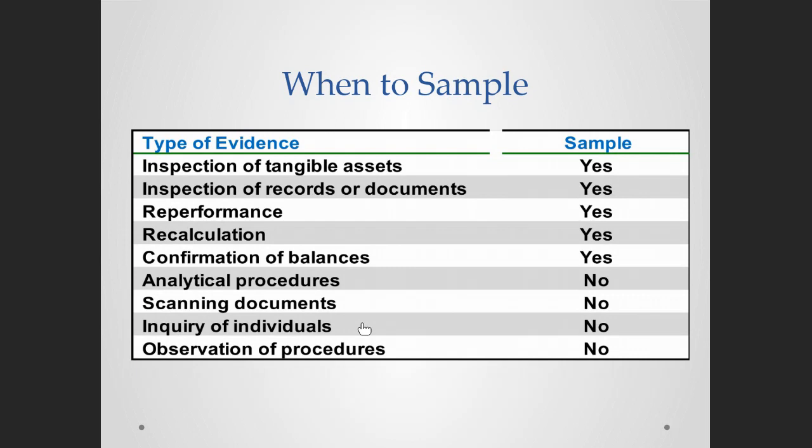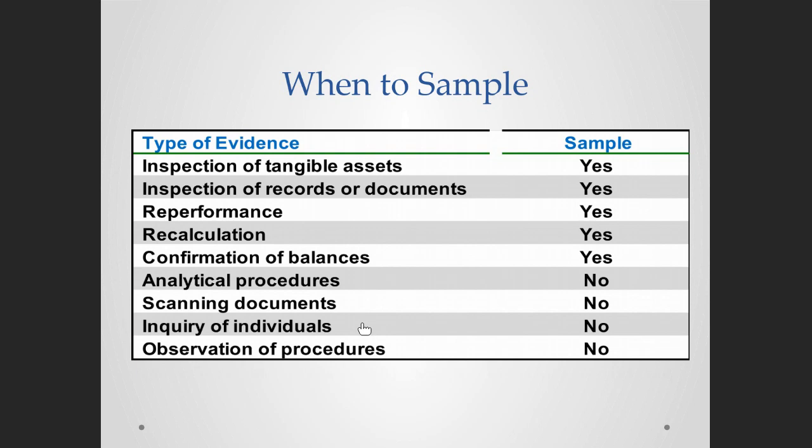There are only a few people that are performing the procedures, and we can go to them and we can ask what they're doing, how they're doing, etc. So the inquiry of individuals do not need to be sampled. We can ask the individuals.